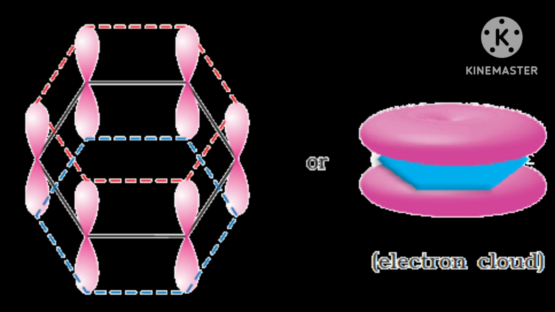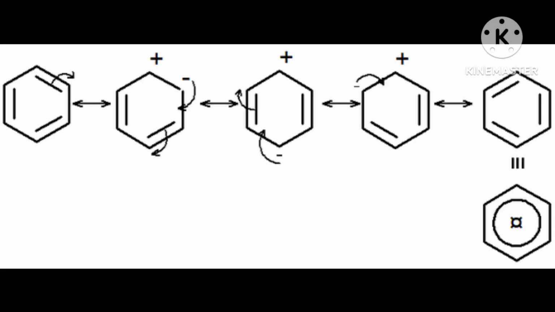But in the Kekulé structure, where it was localized between two carbons, the electrons were attracted only by those two carbons, not by all.